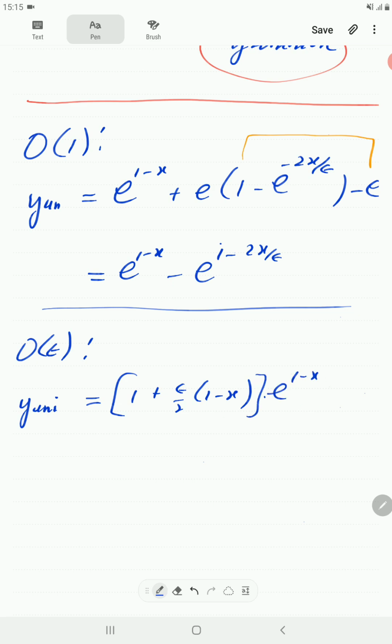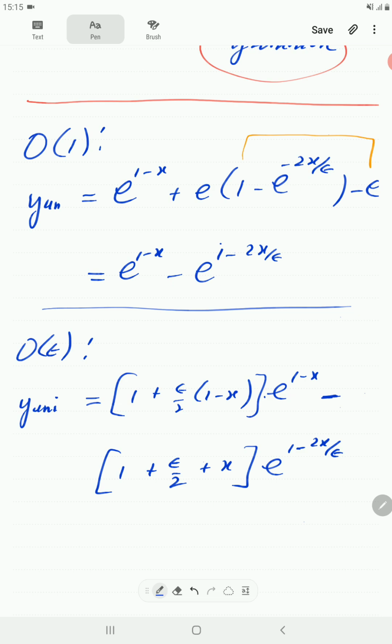So these are the terms from the outer solution, and then for the terms arising from the inner solution, we are going to have 1 plus epsilon over 2 plus x, so writing everything in terms of x, e to the 1 minus 2x over epsilon.